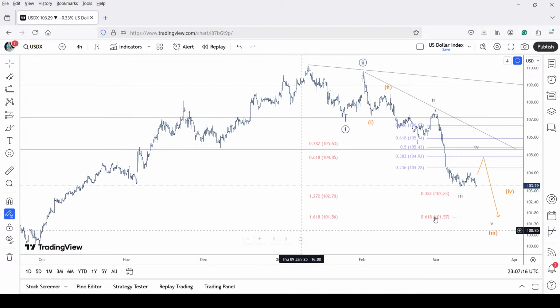Now it is quite baffling. It could be a triangle in the making as well, where you've got A, B, C, D, and wave E, or it is trying to convert into an expanded flat, maybe A, B, C. We need to wait and watch for the price action.